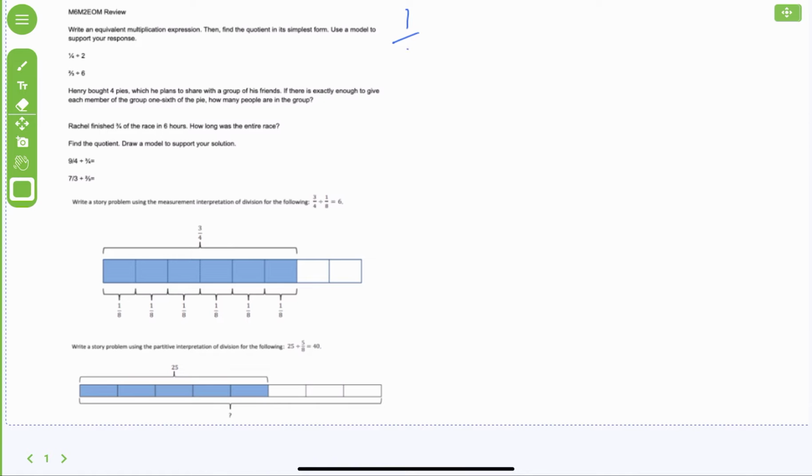It would be 1/4 divided by 2/1. So to write that as a multiplication, we would say that is the same thing as 1/4 times 1/2. And that would be 1/8. Multiply straight across. Okay?